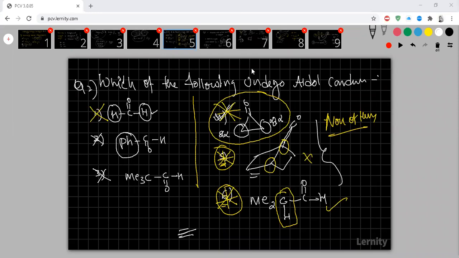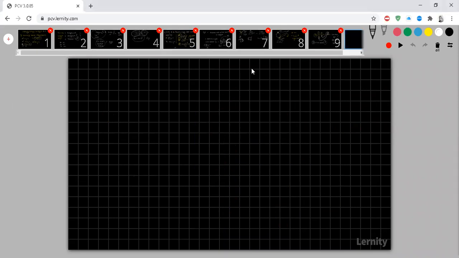Okay, right. Now let's discuss some questions related to the aldol as well as Cannizzaro reactions. Please tell what is the product in this reaction? CH3 C double bond O H plus CH3 C double bond O H. If I take OH minus, what product can you expect here? Write the answer.